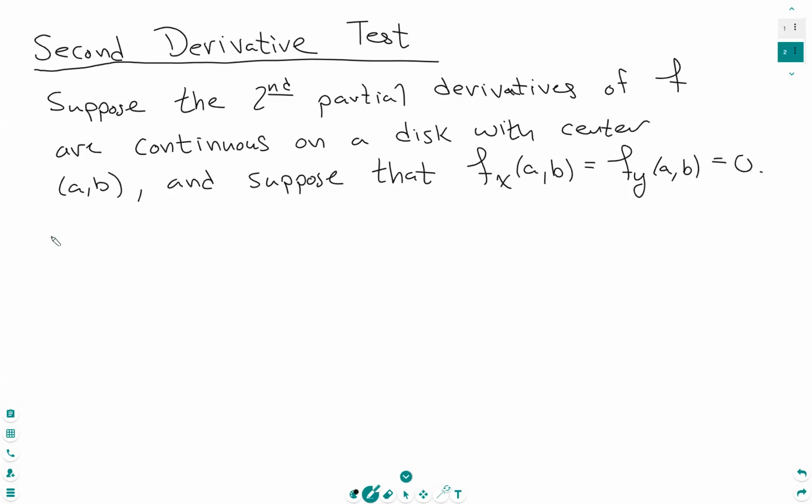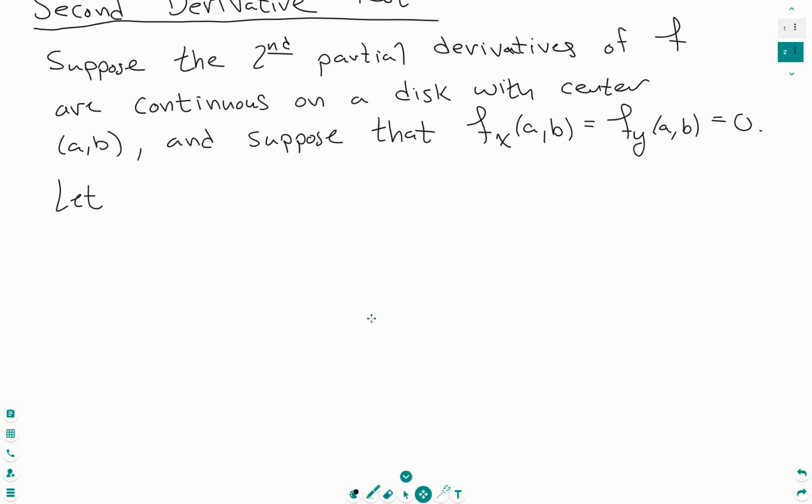What we do is we're going to define what's called this discriminant.